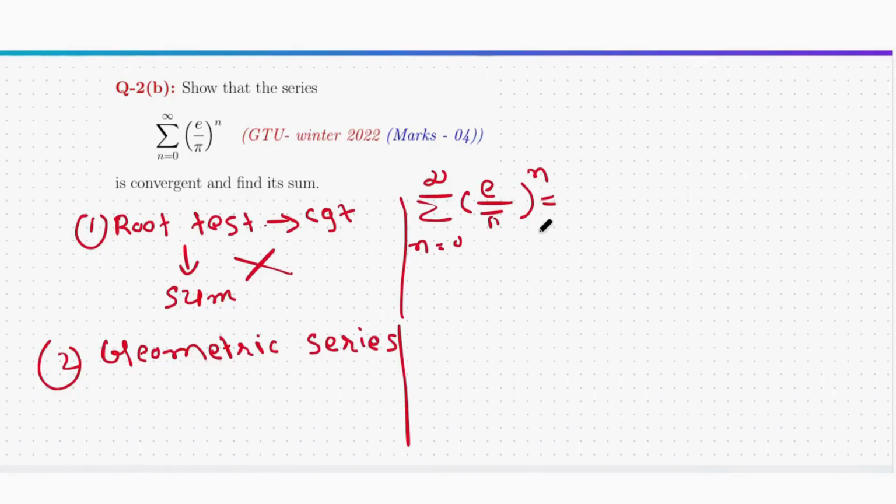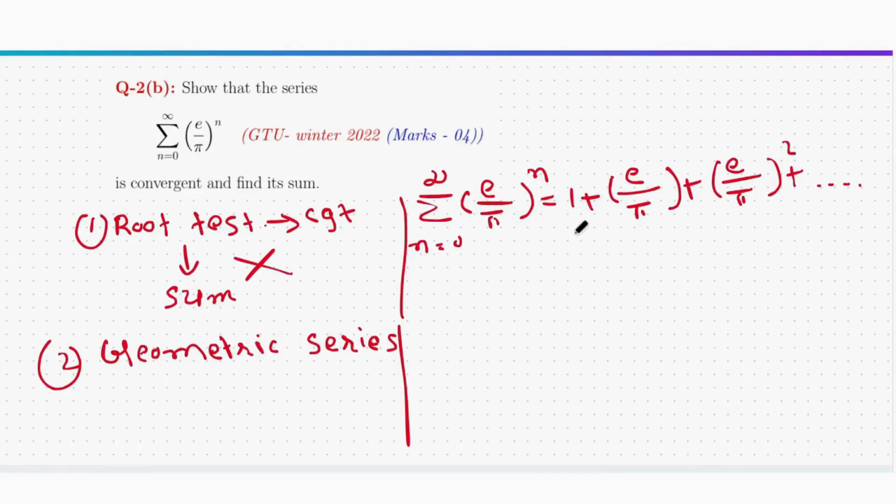So the first term is 1, put n equal to 1, the second term is e upon pi raised to 1, plus the third term is (e upon pi) raised to square, and so on. Now let's check whether this one is a geometric series or not.